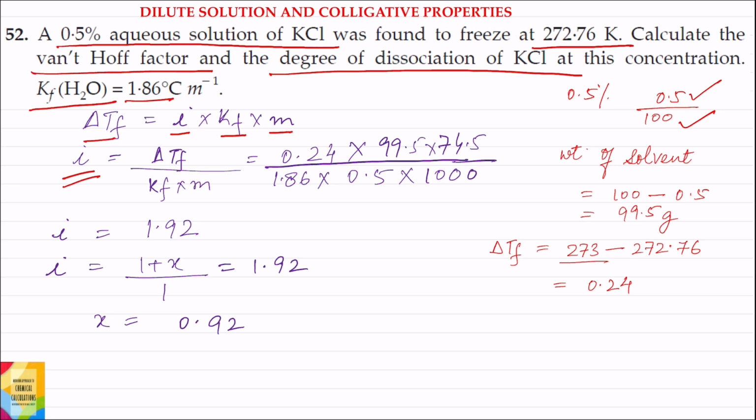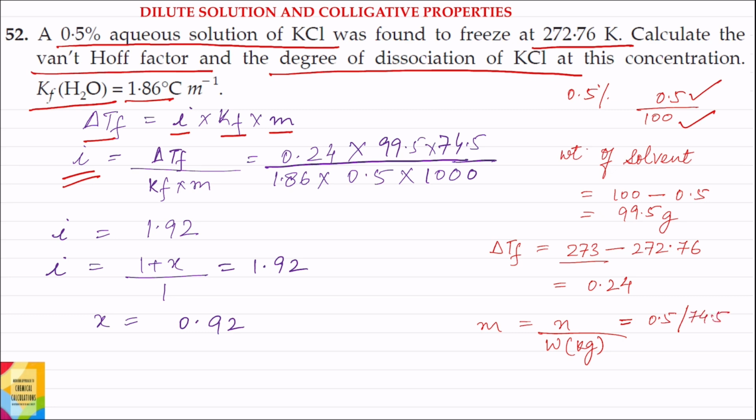m is the molality. अब molality की वैल्यू क्या हो जाएगी? Molality की वैल्यू होती है moles of solute divided by weight of solvent in kg, and moles of solute हो जाएगा weight of solute, that is 0.5 gram, divided by molecular weight of solute. यहाँ solute क्या है? Solute है KCl और KCl का molecular weight होता है 74.5.